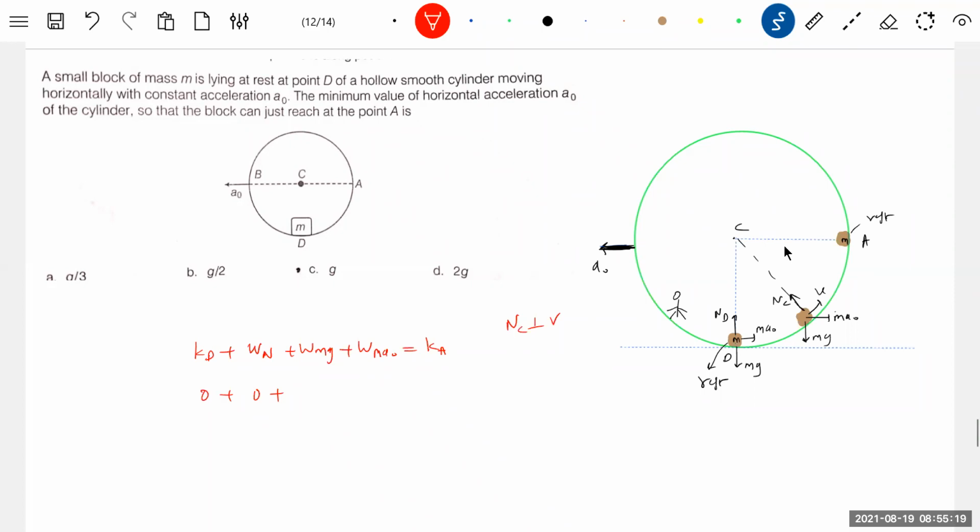Work done by mg into, just reach, okay, let the radius be r. What is work done by pseudo force? It does positive work.